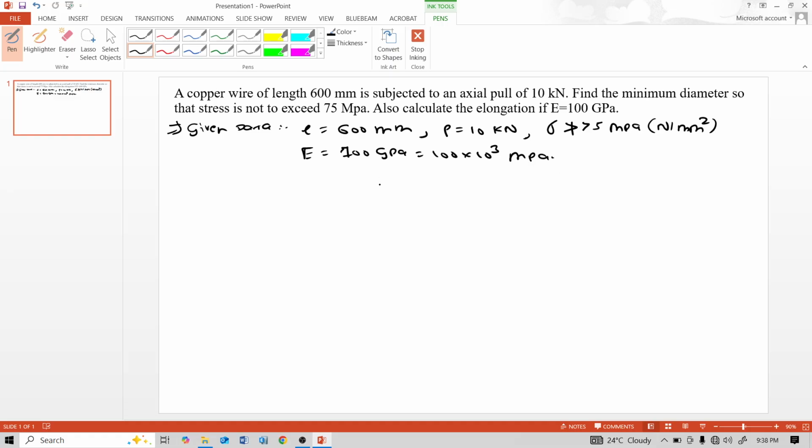A copper wire of length 600 mm is subjected to an axial pull of 10 kN.